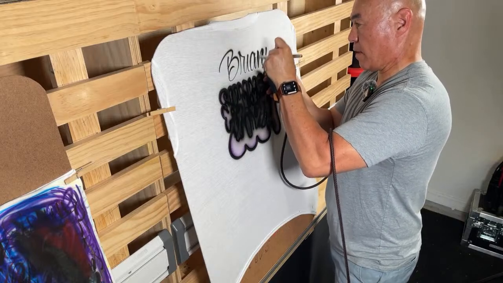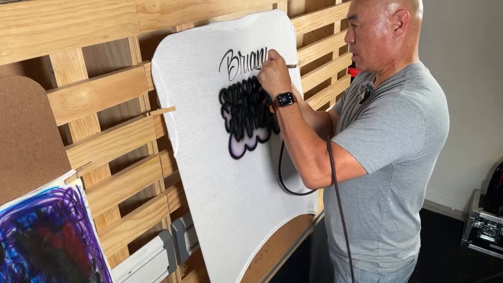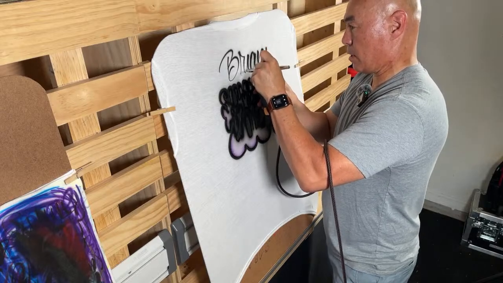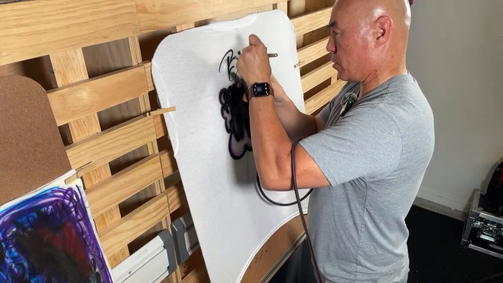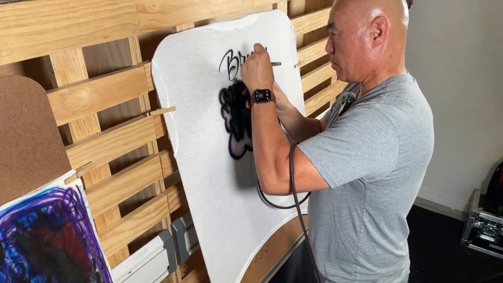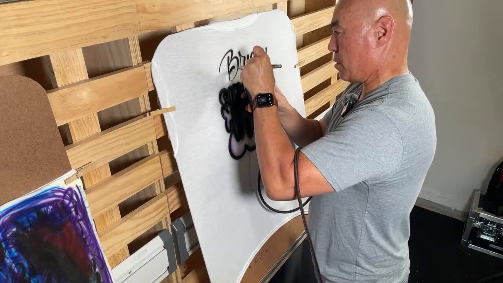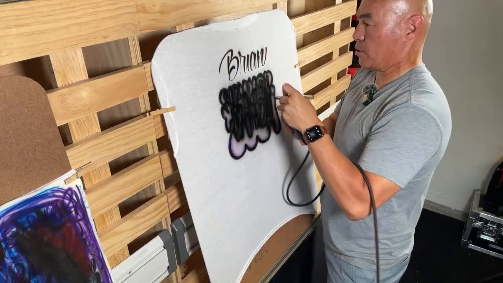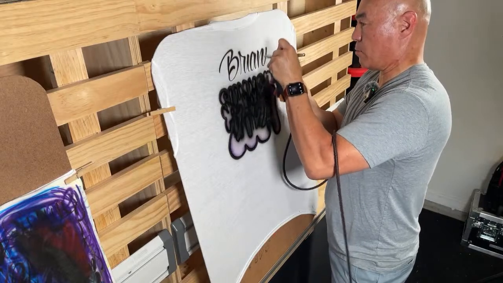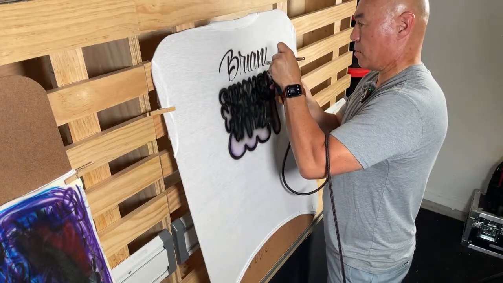I tend to double back on all mine. I can do thick and thin, although I do it on colored shirts, darker colored shirts, and that's because it doesn't show overspray. On the white shirts, I usually tend to stay thinner and then I'll double back because it's cleaner.